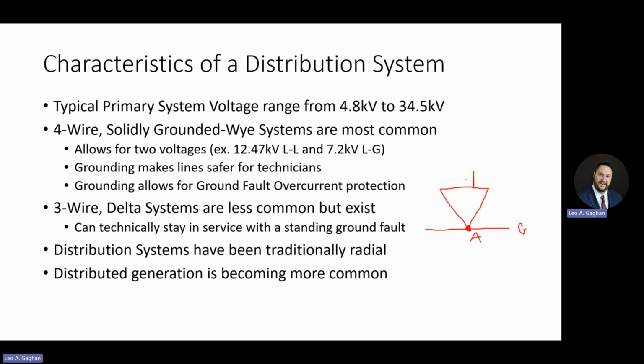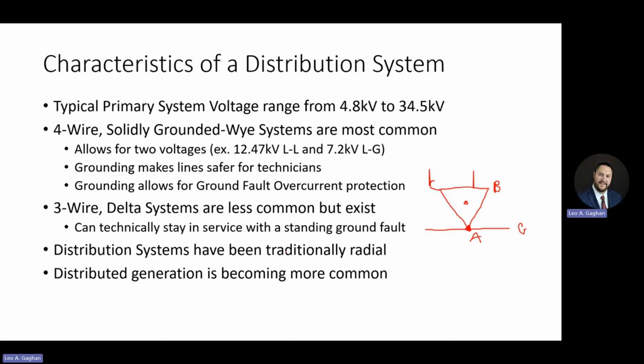Whoops, my mark is bad. Say B and C, they actually maintain their line-to-line characteristics, and this actually ends up being an overvoltage where those unfaulted phases, rather than see phase-to-ground voltage like they normally would expect, they actually see phase-to-phase magnitudes.